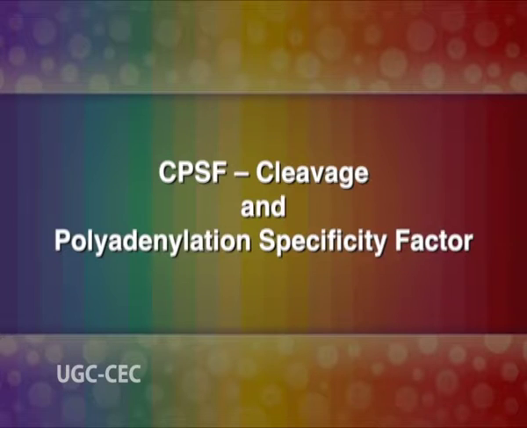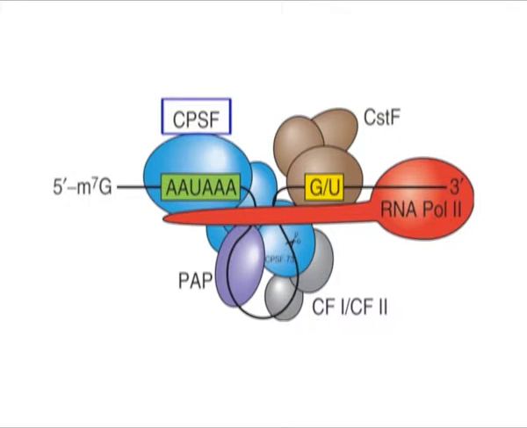Now, CPSF, cleavage and polyadenylation specificity factor. It is the first protein to bind to the signaling region near the cleavage site of the pre-mRNA, to which the poly-A tail will be added by polynucleotide adenyl transferase.